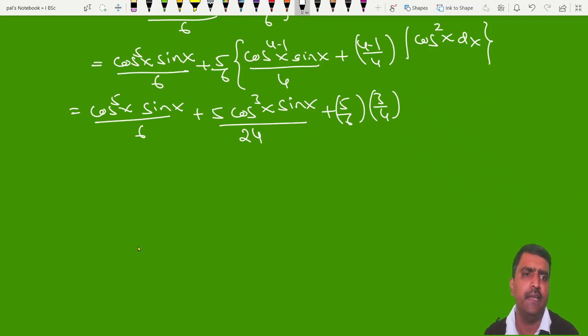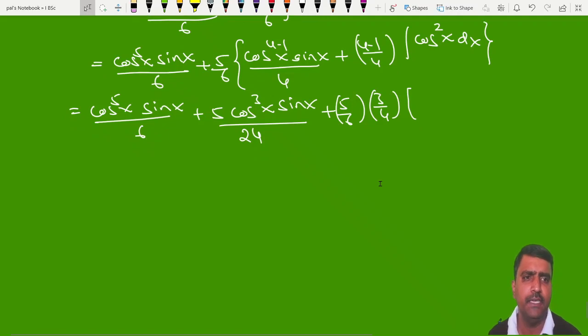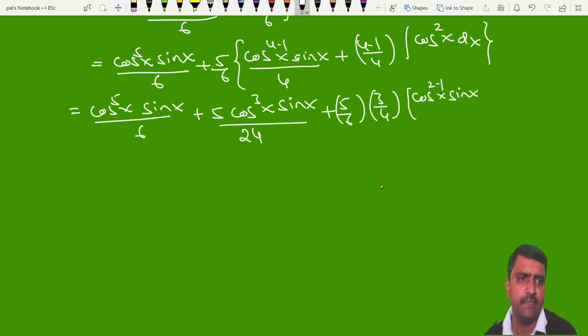Again, to find the cos to the power 2 x value, of course you use the formula. So to find that value you put n is equal to 2 in this expression. When you put n is equal to 2 here, what happens? This is cos to the power 2 minus 1 x into sin x divided by 2 plus 2 minus 1 by 2 into the integration of cos to the power 2 minus 2 x dx.